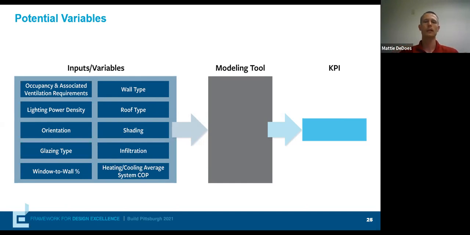But really at this stage, we're not looking at specific options. We're more looking at model parameters that we know we could achieve. Like, we think we can get a wall between R15 and R25. We think our heating system can be between 85 and 95% efficient. We don't really care to get into the details early on of how we're going to do it.